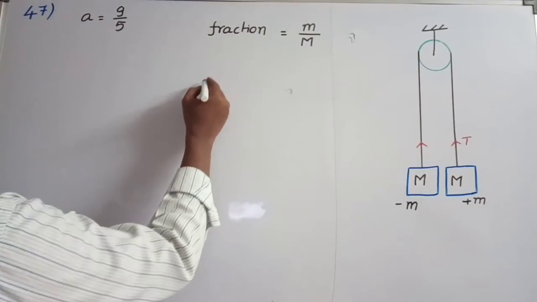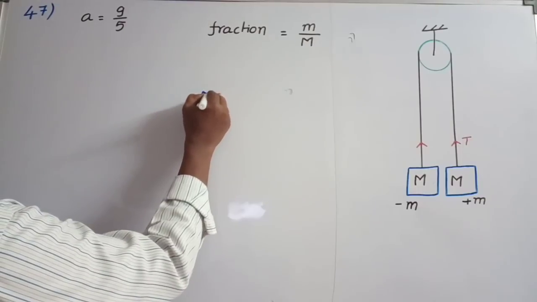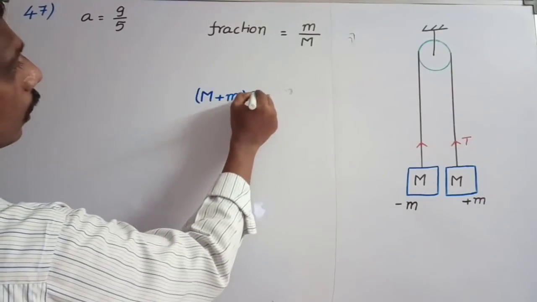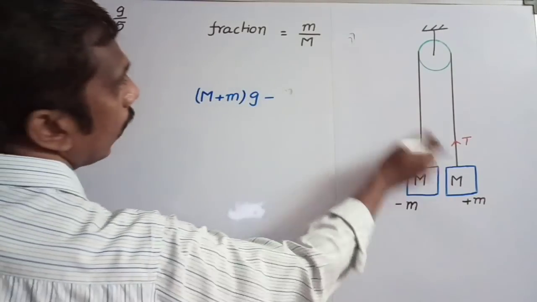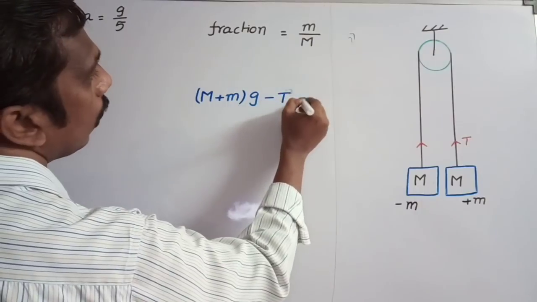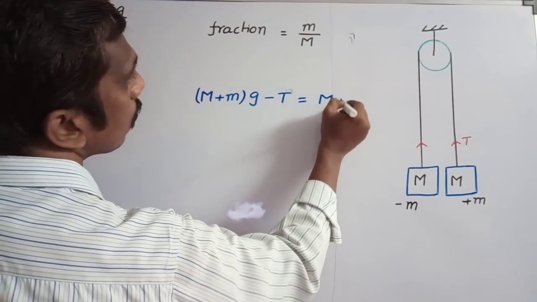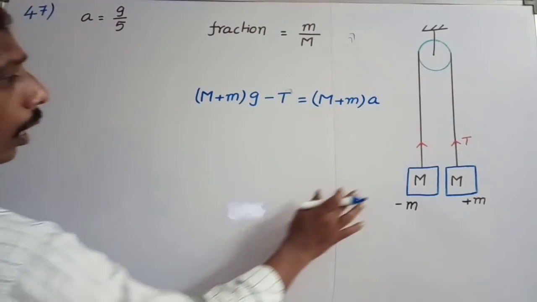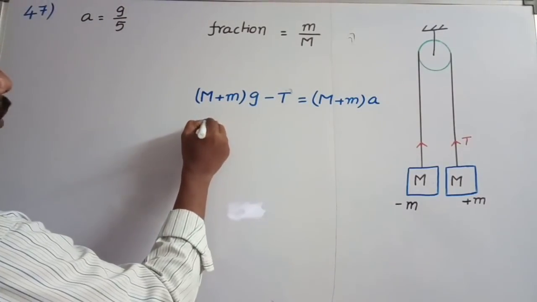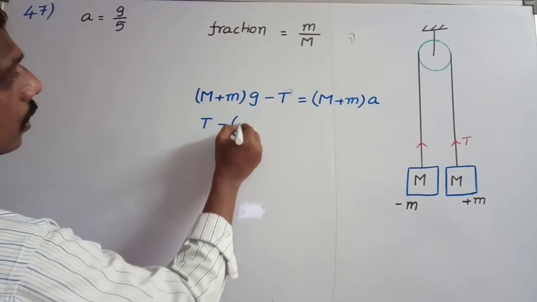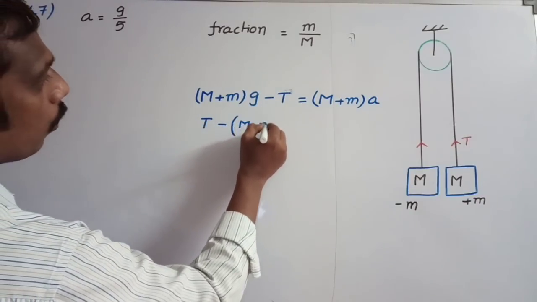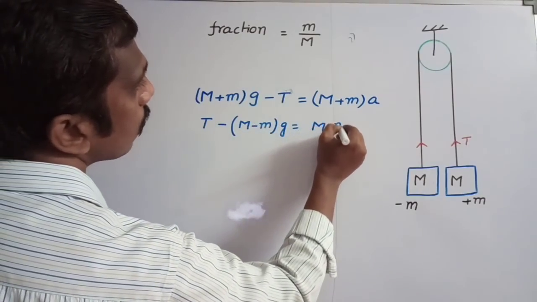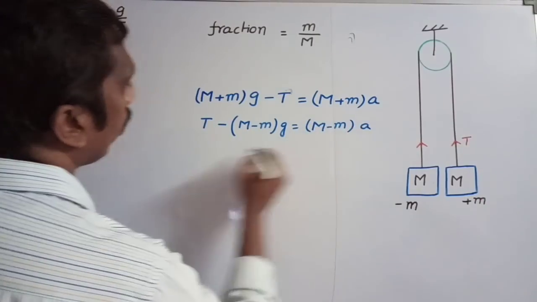So write equation: capital M plus small m into g minus tension T is equal to capital M plus small m into acceleration, we take it as a. This block is going upward direction, so tension is greater. T minus, we removed certain mass from this block, M minus m into g is equal to M minus m into a, we can write.